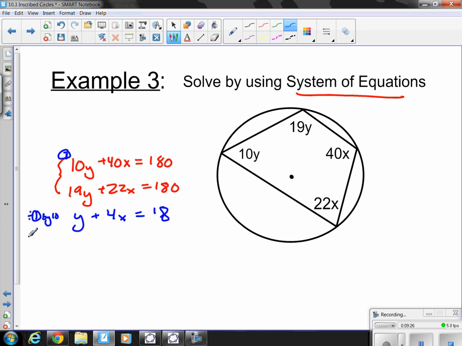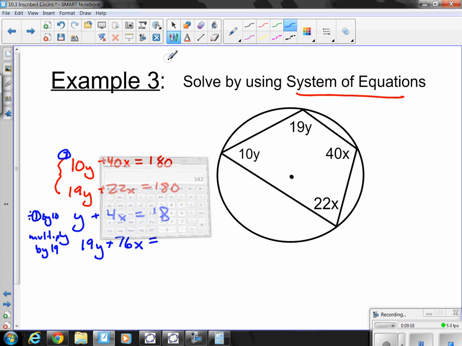Now I'm going to multiply it by 19, so I end up with 19y plus 76x equals 342.